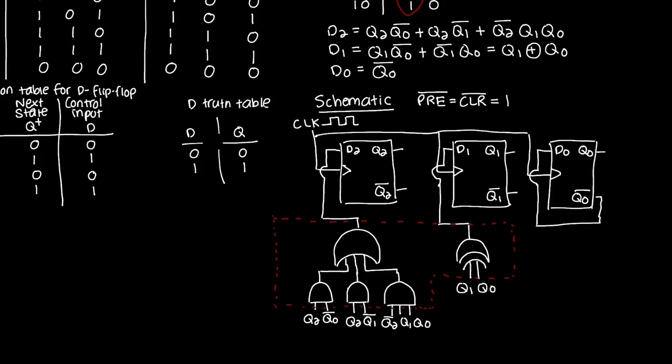This represents the control logic that controls the control inputs for the flip-flops. And over here, this is what I call my memory. My memory is simply the flip-flops. They retain the state information.